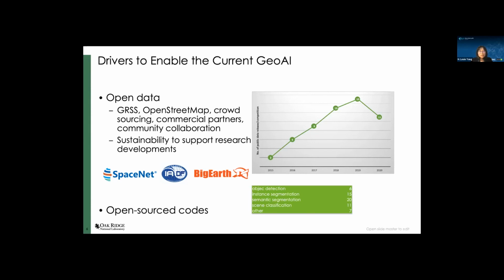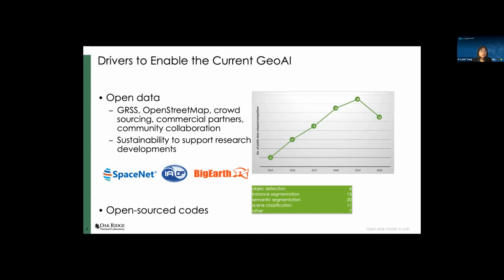So these efforts require continuous support from different stakeholders and organizations. Here, I put three major contributors that provide sustainability, which means that they are generating data sets yearly or biannually, and focusing on different challenges or long-standing problems in earth science and also the remote sensing domain.